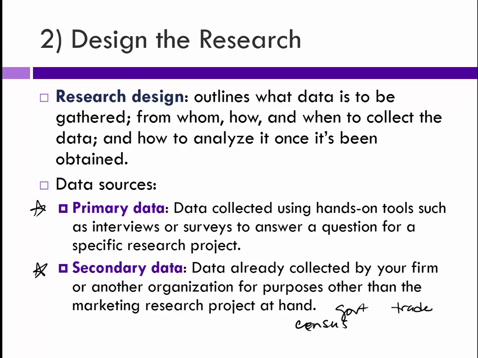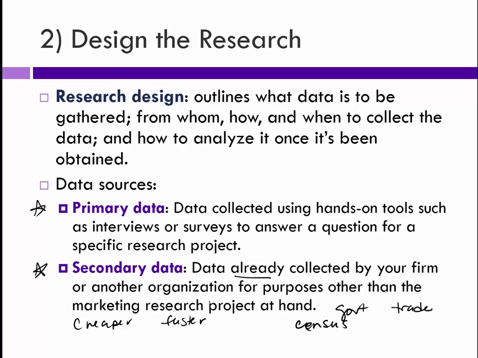If this exists, it is going to be much cheaper, and it's also going to be much faster because it already exists. So if you can use secondary data, you want to, but this is stuff that's already out there, collected by your firm or somebody else. The drawback is it might not be specific enough to answer your question, or it was gathered for another purpose, and so it might not quite match your purpose.